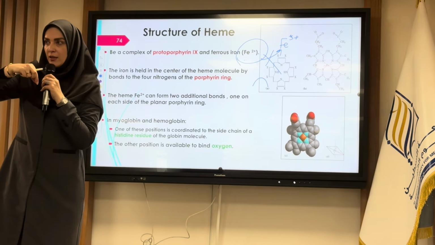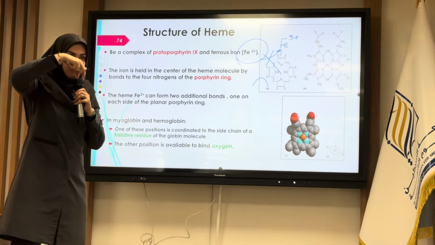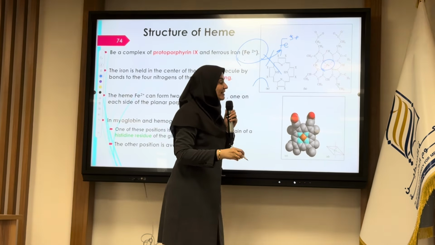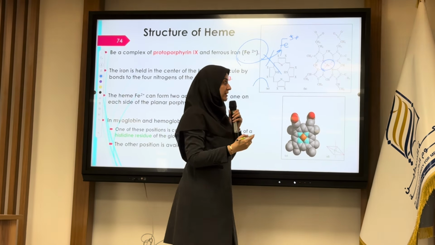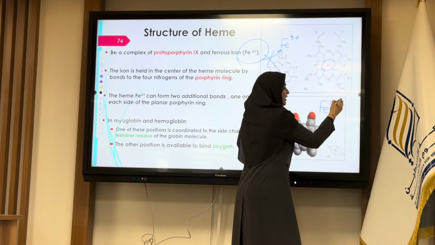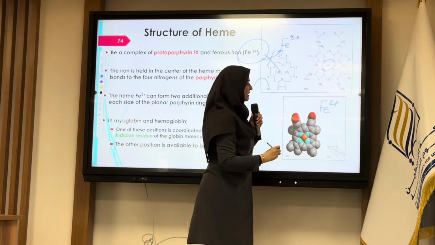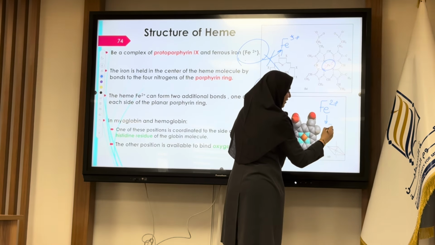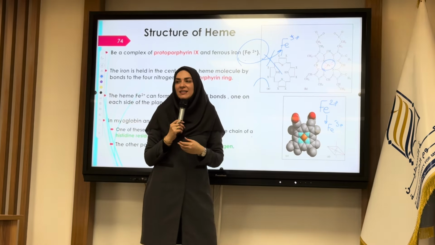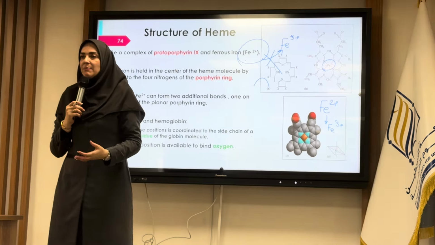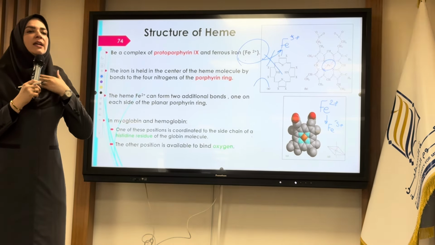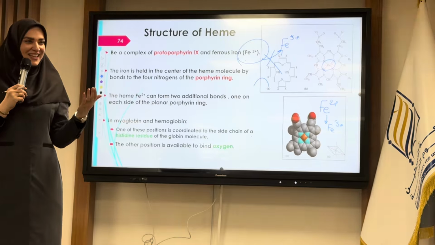In the middle of the hemoglobin, you have a heme. In the middle of the heme, you have an iron atom. And the type of the iron is very important. Absolutely, it should be present as a ferrous atom, because whenever it changes to Fe3+, hemoglobin changes to methemoglobin. And methemoglobin cannot take oxygen, so you cannot breathe.